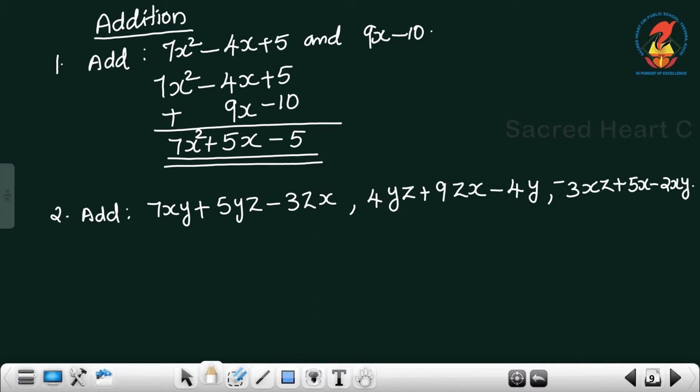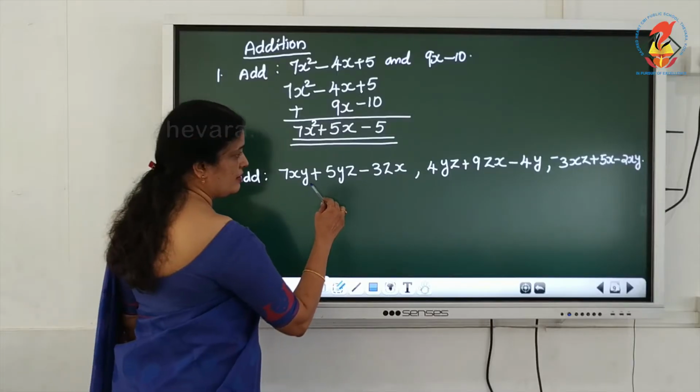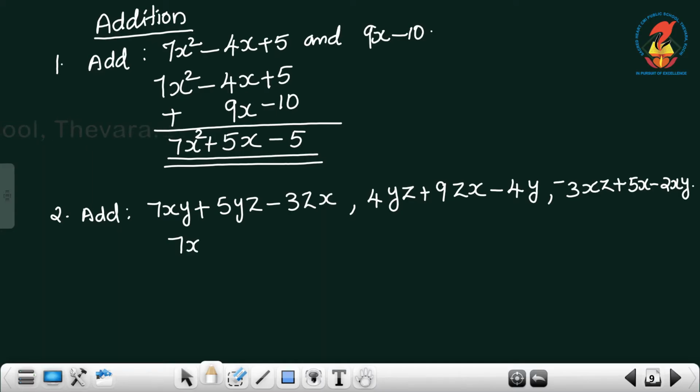Okay. Next question. Add 7xy plus 5yz minus 3zx, 4yz plus 9zx minus 4y, minus 3xz plus 5x minus 2xy. These three expressions are written in rows. First 7xy plus 5yz minus 3zx.